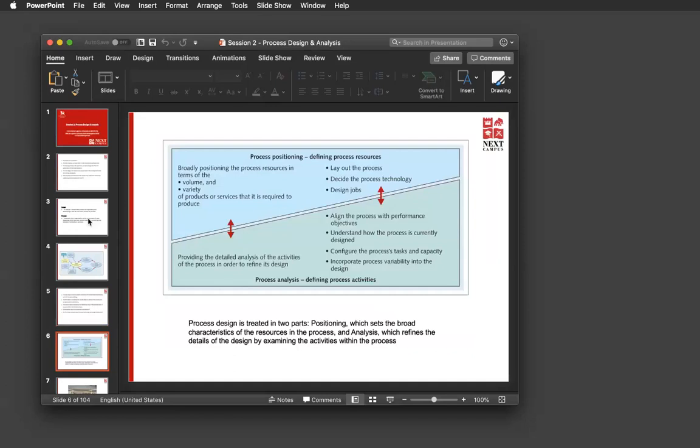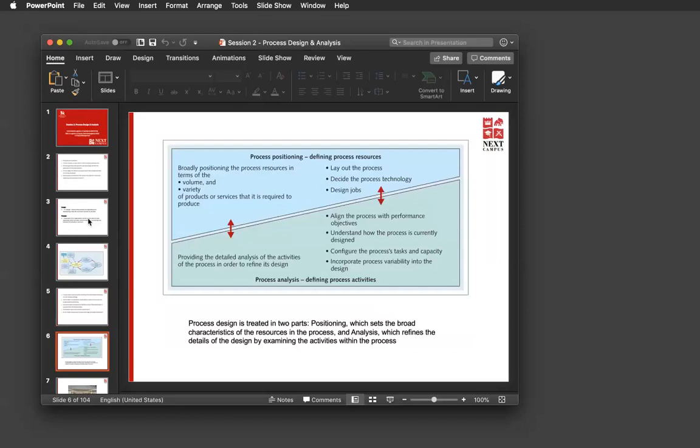The first thing is, once you know the nature of the business that you intend floating, you need to identify the operations in the business, and within each operation you should identify the processes that go into making that operation effective. So first you broadly position the processes and its resources. Immediately you may not require a lot of resources. What will be required is actually the process.